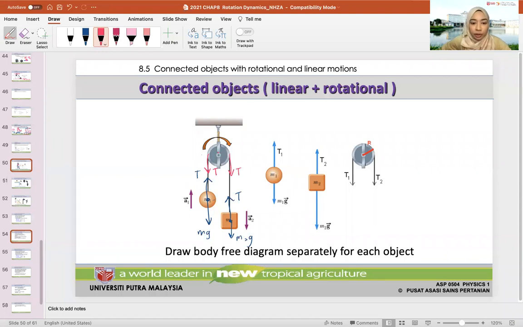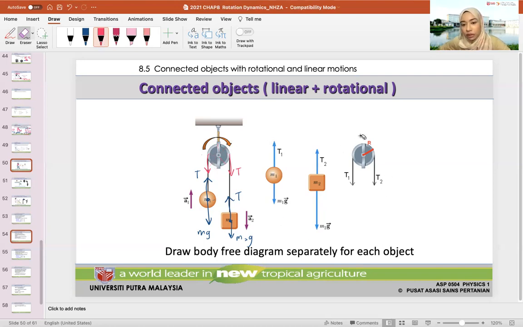Okay, so the free body diagram for this pulley, kita akan tulis all the forces yang ada kat pulley ni, which is tension, and then we would also need to identify what is the radius so that we can find the torque. So the radius will be the same at any point, right? So the tension can be anywhere, the radius would still be the same. Your task is to actually identify the force and make sure that you have the right radius.